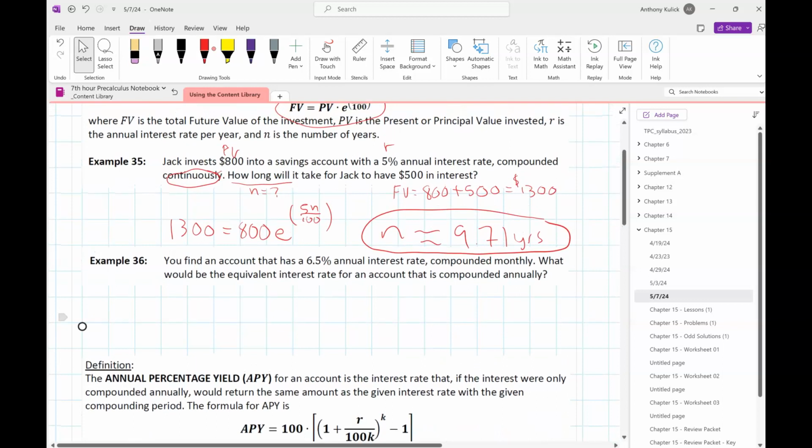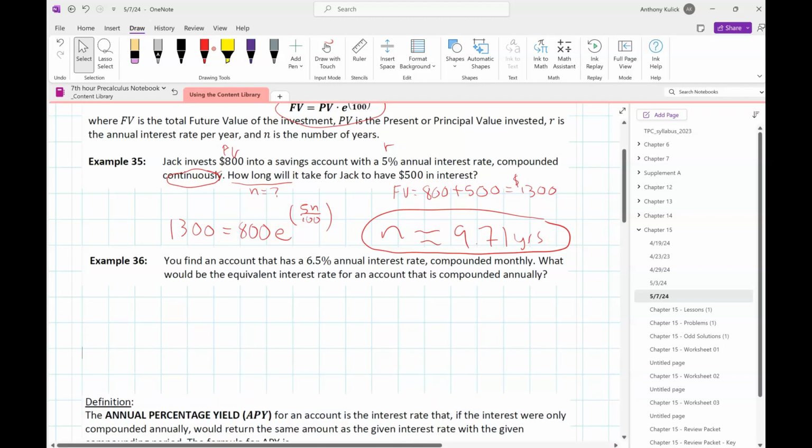Here is an interesting question. It says, you find an account that has 6.5% annual interest compounded monthly. What would the equivalent interest be for an account that is compounded annually?